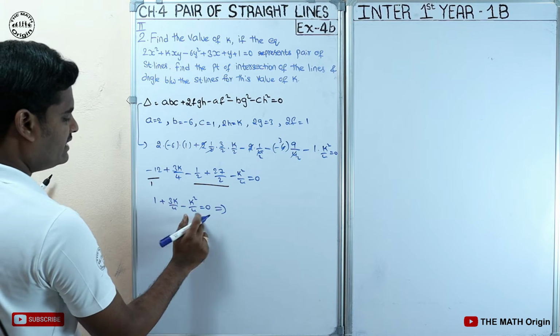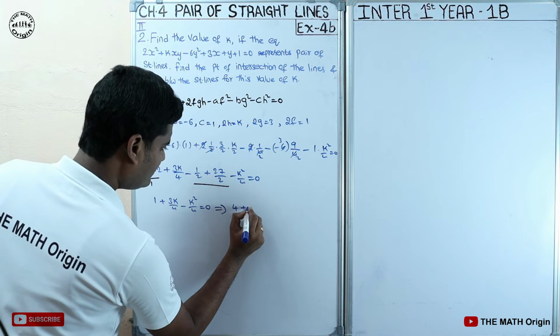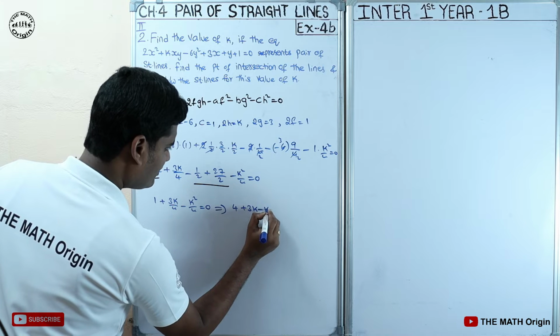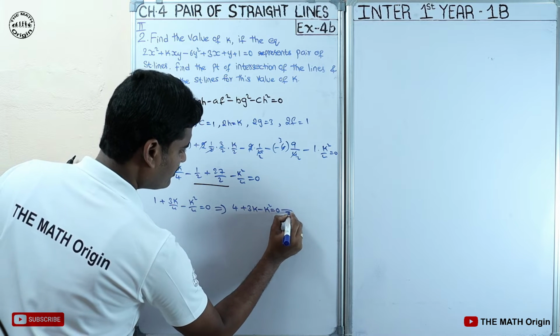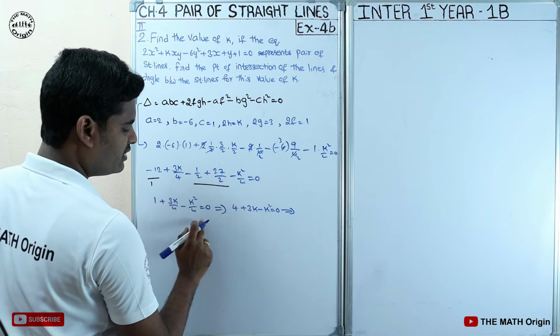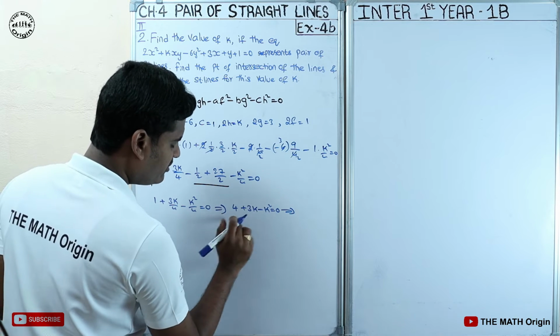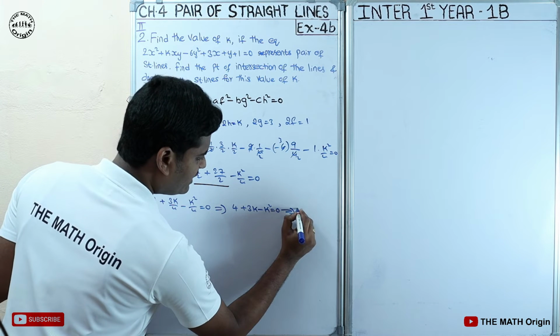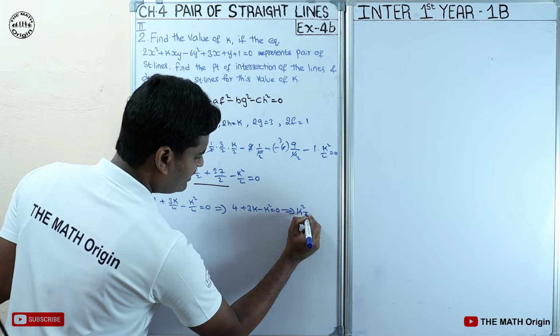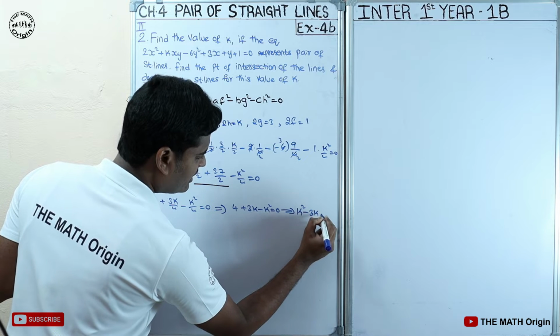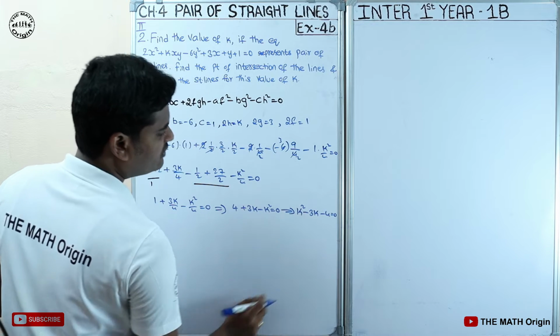From this I will do LCM: 4 plus 3k minus k square equals 0, and the 4 I will move to the right hand side, it will be 0 with denominator 4. So next I will take minus as common: k square minus 3k minus 4 equals 0.